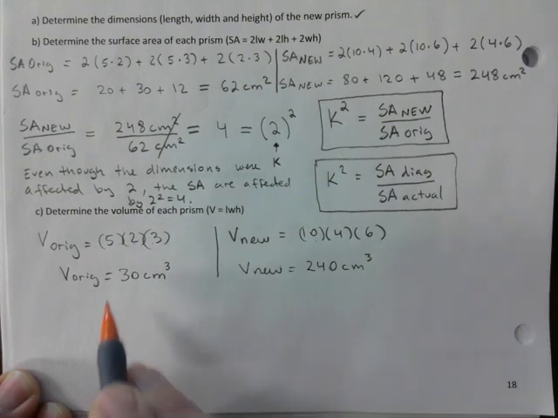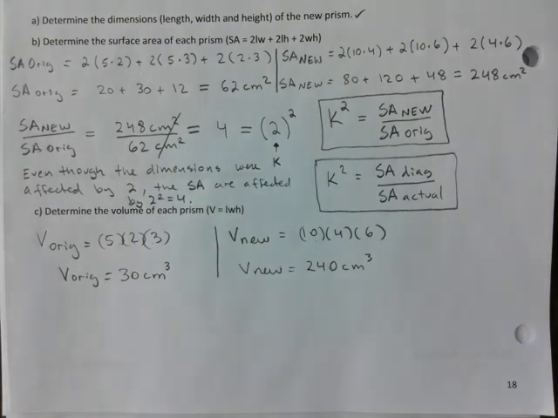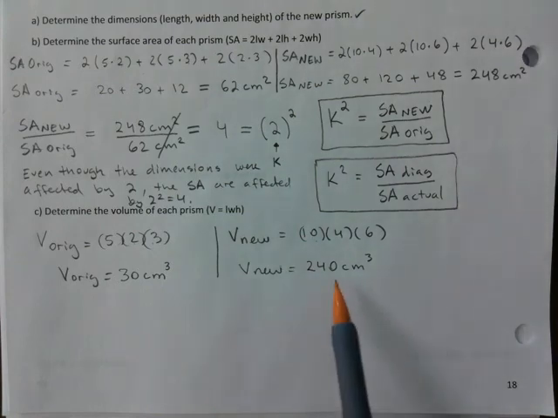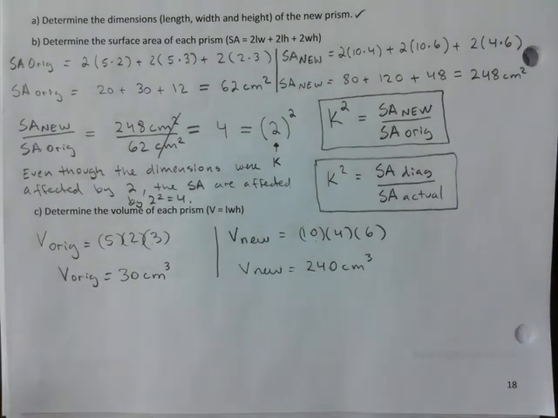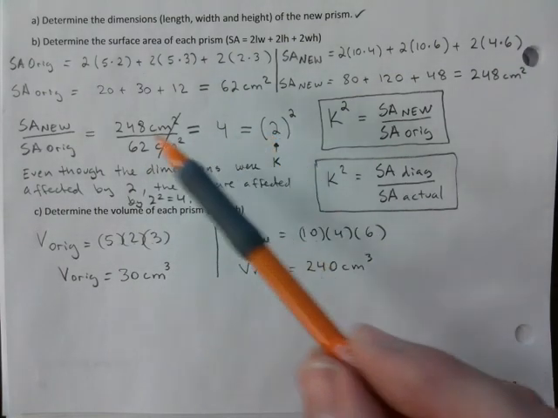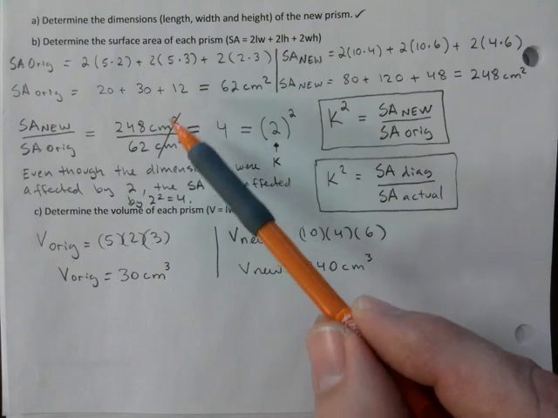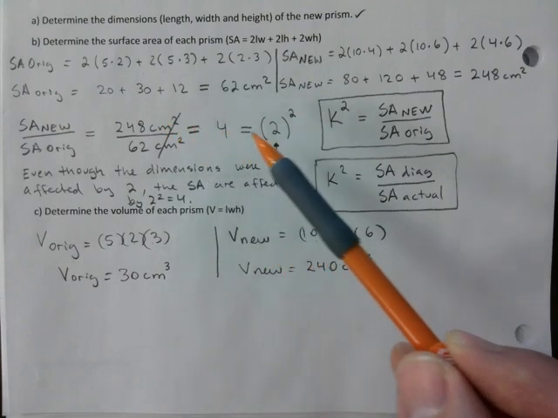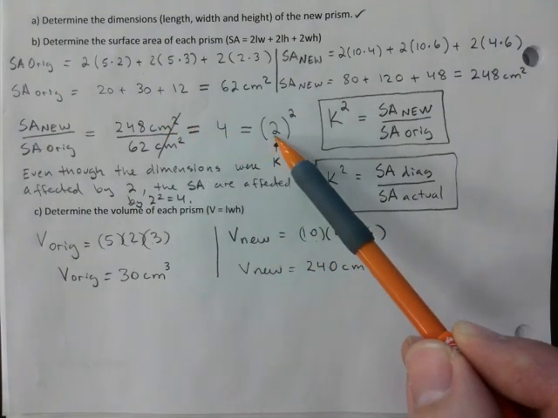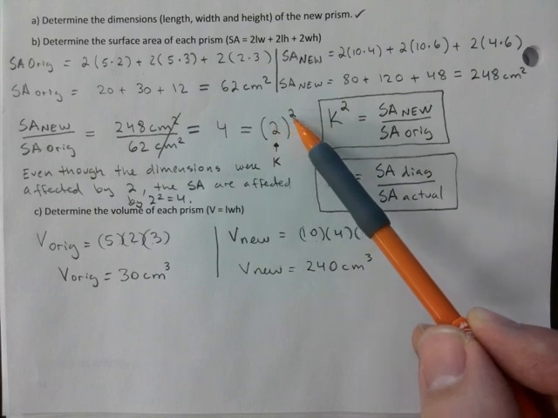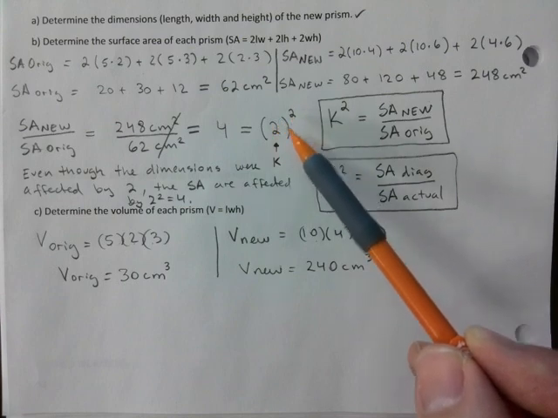You can definitely see that the volume is not just affected by a factor of 2, right? This should have been 60 technically if it's just this times 2, right? But you can clearly tell it's not the case. If we're talking areas and we have squared units, we figured out that the scale factor will be affected by a factor of to the power of 2.